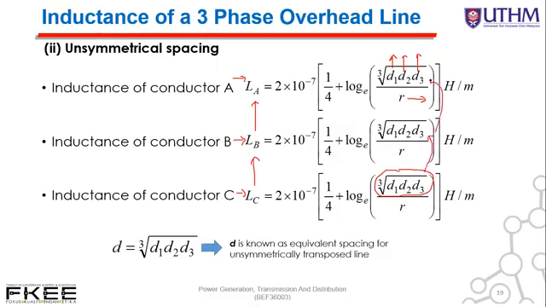The distance equal to the cube root of D1, D2, D3 is known as the equivalent spacing for an unsymmetrical transposed line.